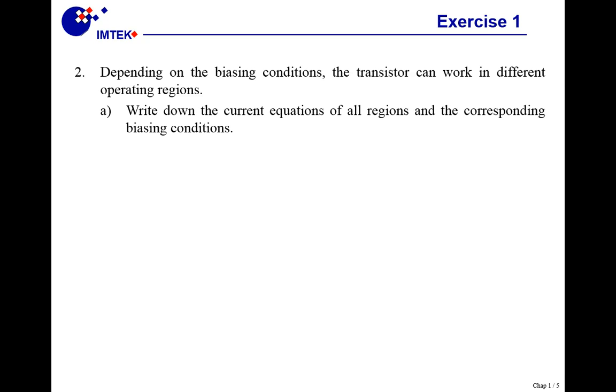The next part of your exercise asks you to write the current equations for all regions and the corresponding biasing conditions. First, this is how an NMOS transistor looks like. I think in your exercise it's not called figure 1, but figure 2. Our first condition is when VGS is smaller than the threshold voltage.